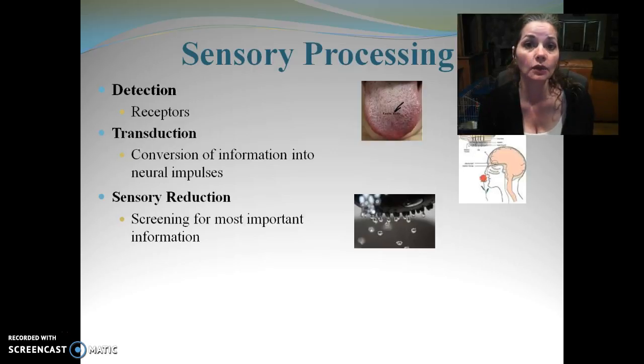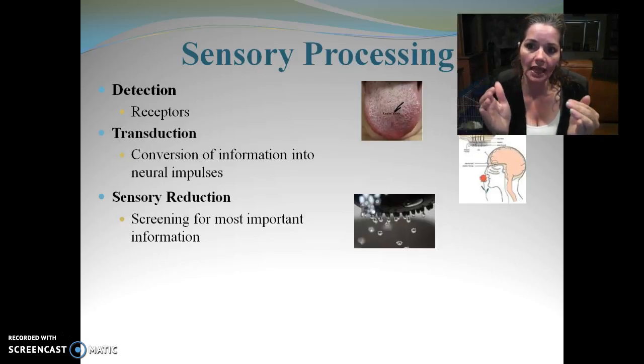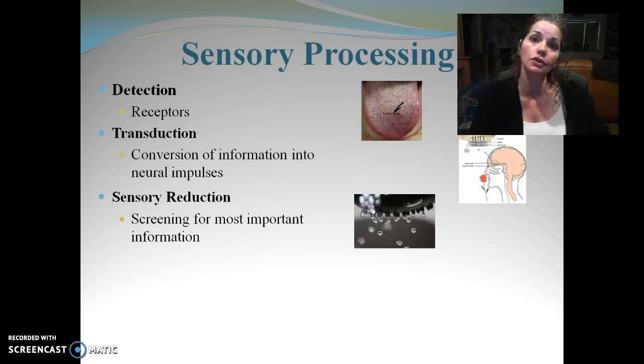And as we learned about sensory memory, it's first coming in through our sensory memory, and we have to selectively attend to that in order to move it on to the next level. Essentially, in order for us to selectively attend, our minds also need to filter out and reduce all that sensory stimuli.